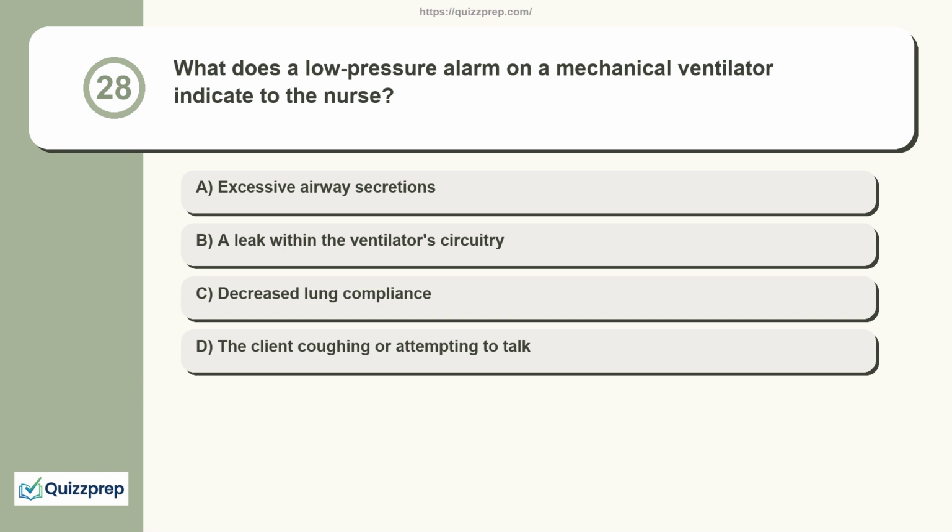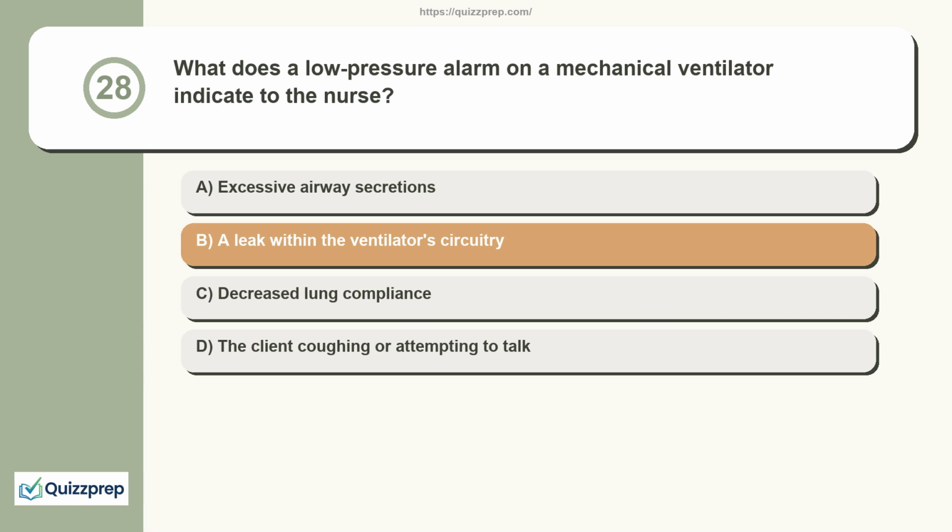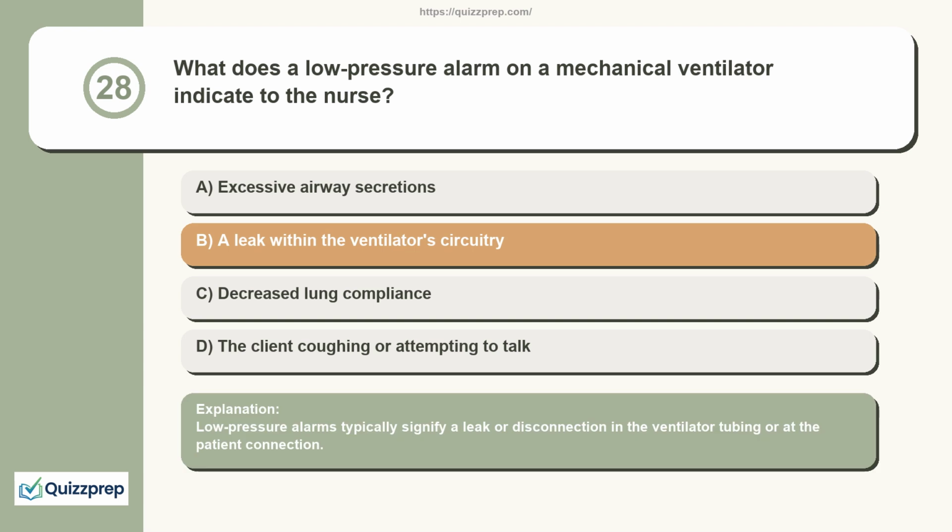Question 28. What does a low-pressure alarm on a mechanical ventilator indicate to the nurse? Excessive airway secretions, a leak within the ventilator's circuitry, decreased lung compliance, the client coughing or attempting to talk. Low-pressure alarms typically signify a leak or disconnection in the ventilator tubing or at the patient connection.